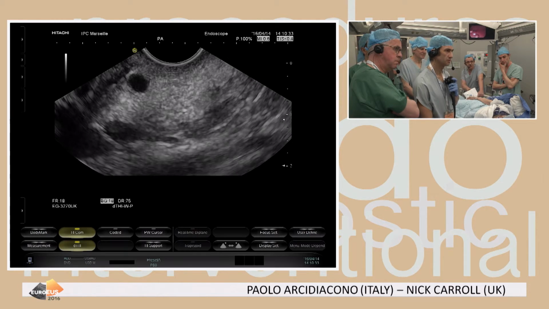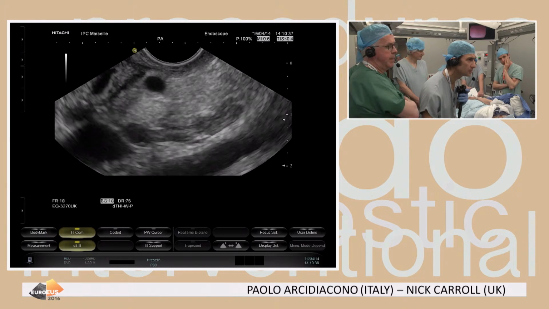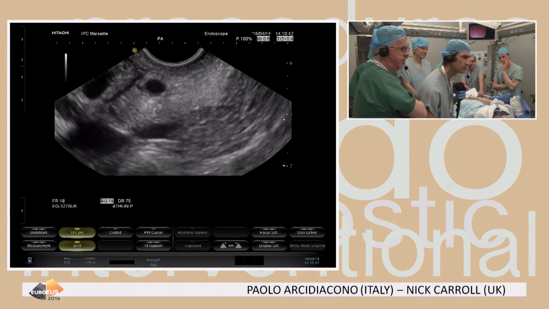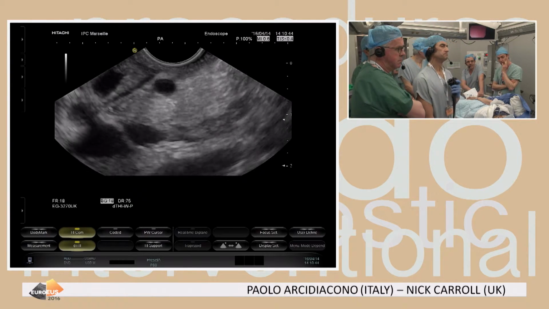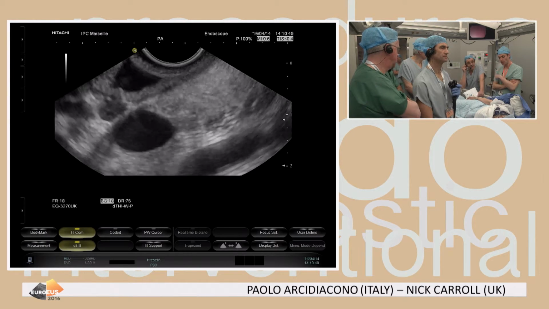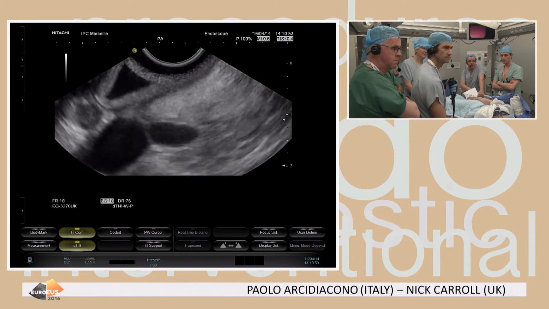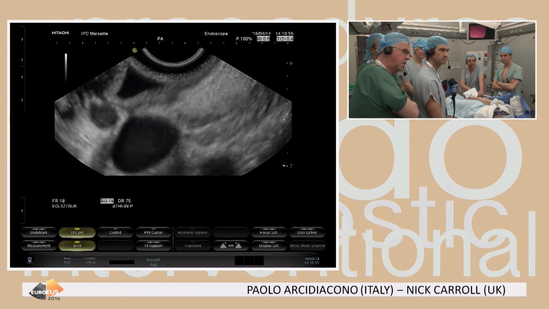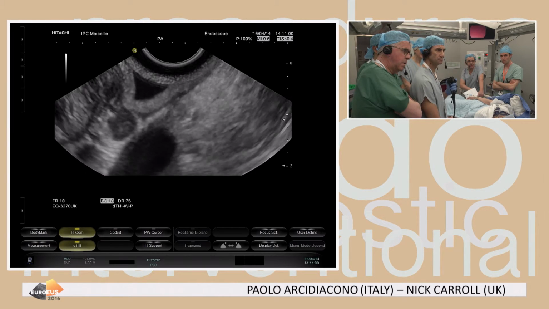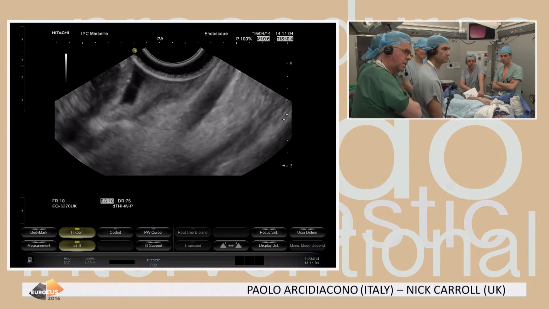But of course, probably half of the patients can die even with a T1 lesion, can die of liver metastasis. This kind of cancer is very aggressive, and with the perineural infiltration, the prognosis is very poor.